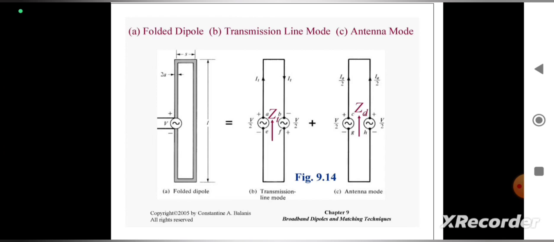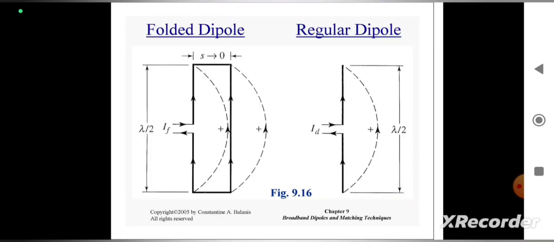In transmission line mode, the currents are in opposite directions, but in antenna mode, the currents are in the same direction. This is the basic difference between folded dipole and regular dipole.